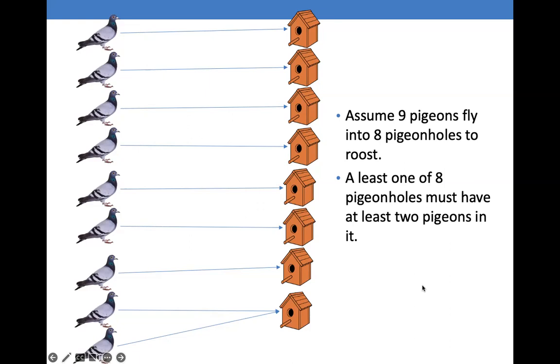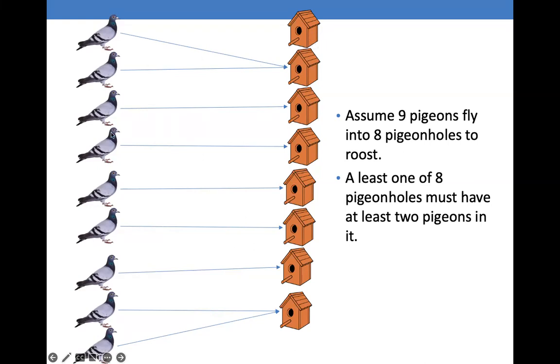But this is not limited to this restriction. We can also have, let's say, this pigeonhole with these 2 pigeons in it, and this other pigeonhole with 2 pigeons roosting on it, and the other pigeonholes will be empty.